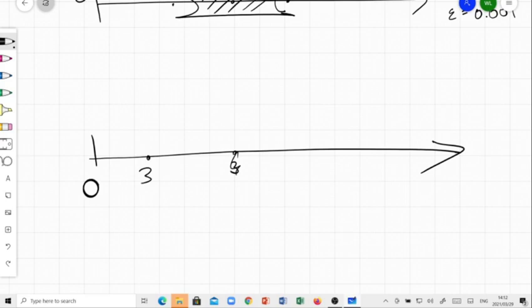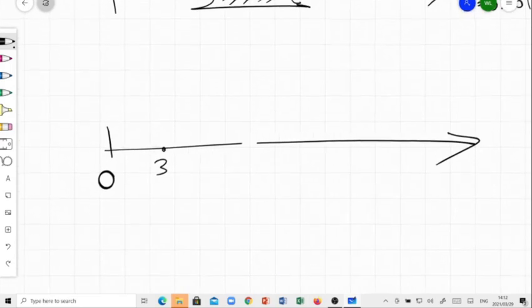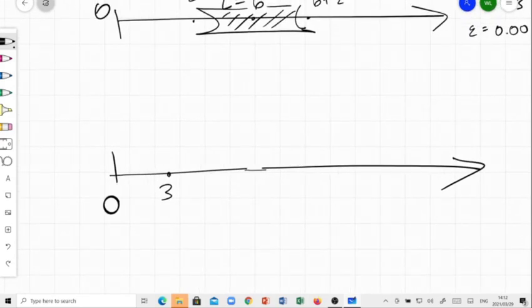So for this epsilon challenge of 0.001, you must rise to this challenge and give me a delta around 3. Your job is to give me this delta.